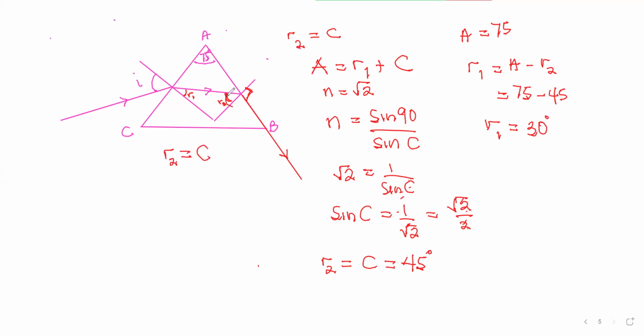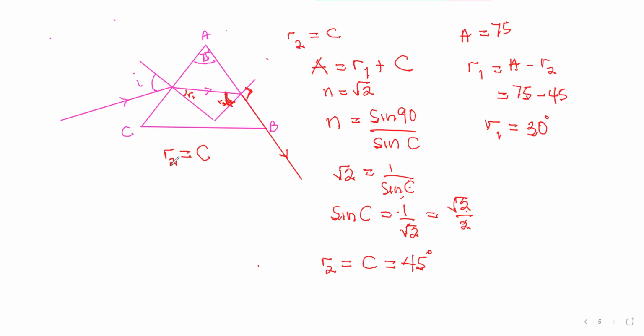If R2 is equal to the critical angle, then the refracted ray would be on the boundary between the two media, air and glass. Are you okay? So the question told us that the angle of incidence at the other refracting plane is equal to the critical angle, the reason for which we have R2 being equal to C. Saki, are you fine?